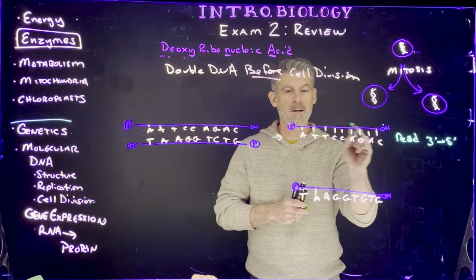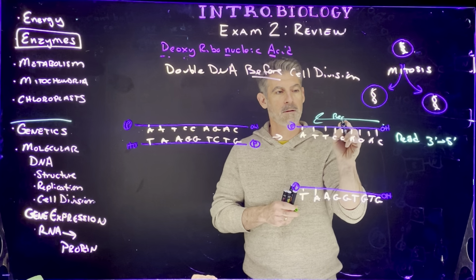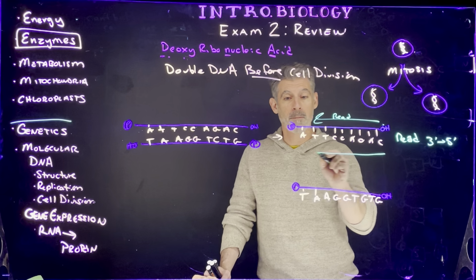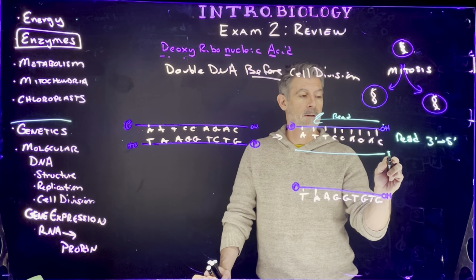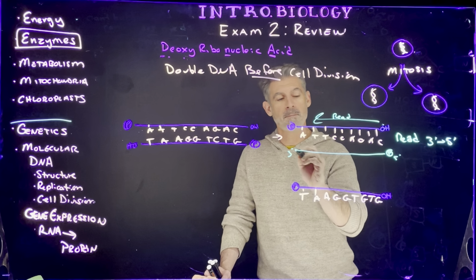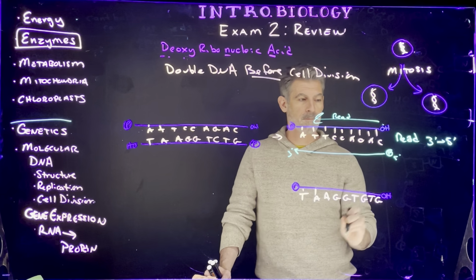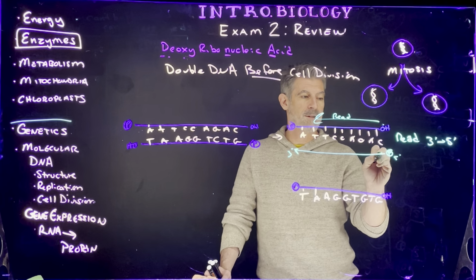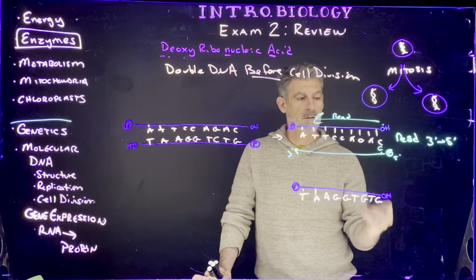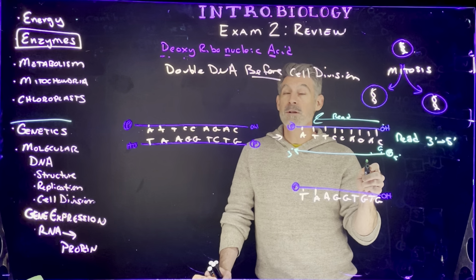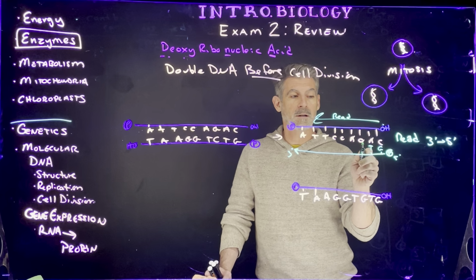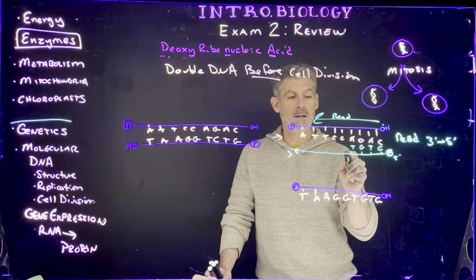So in an OH to phosphate direction, it'll read it and it'll make new DNA 5' to 3', in this direction. That means it'll say, oh, there's a C here. What do I need? G goes with C. There's an A here. What do I need? A T will go here. What will go here? A G, a T, a G.